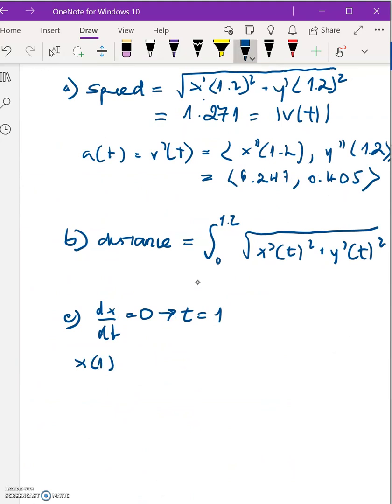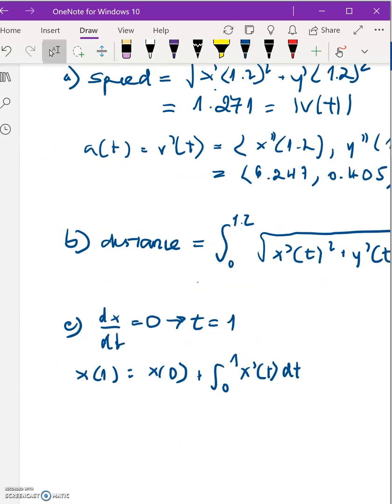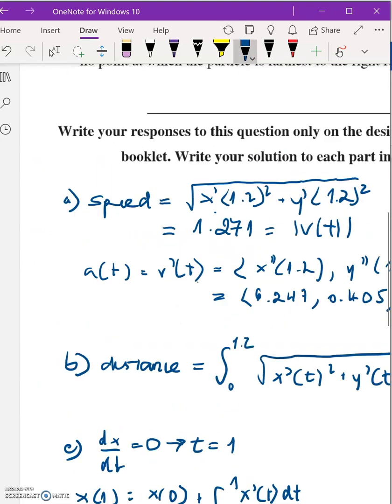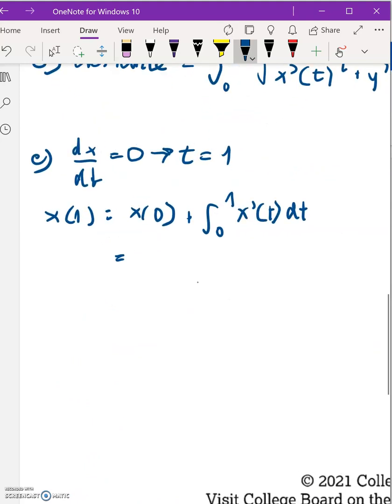So x of 1 equals x of 0 plus the integral from 0 to 1 of t dt. And x of 0 we know is -2, and then plus that should equal -2.604.